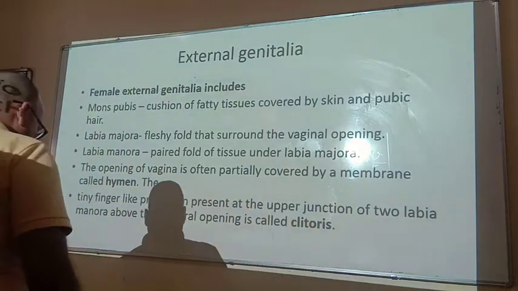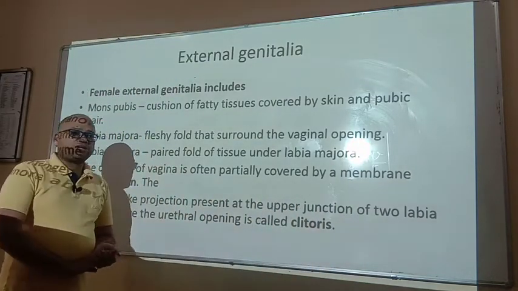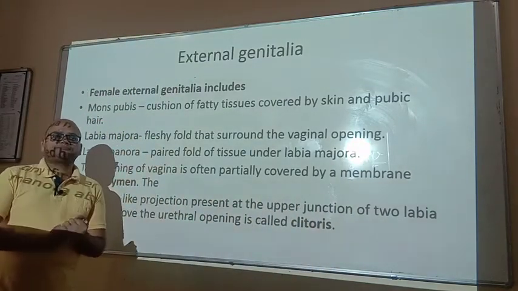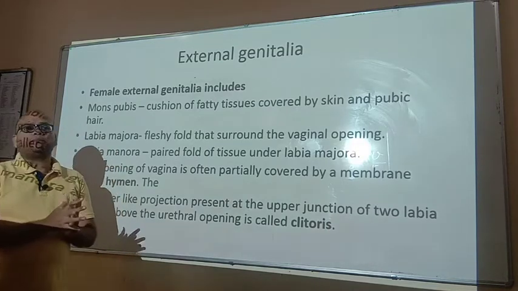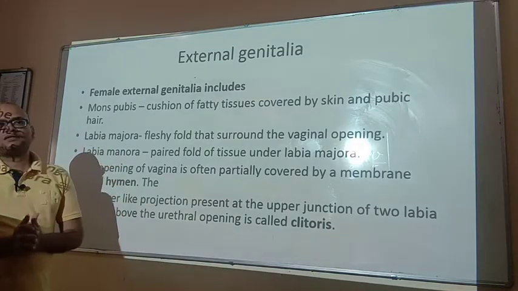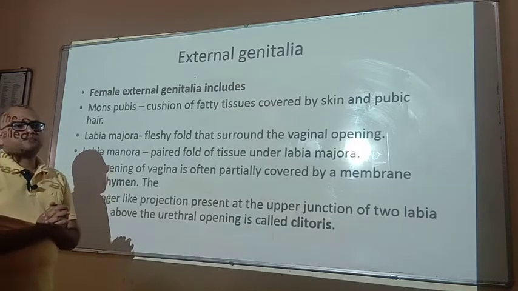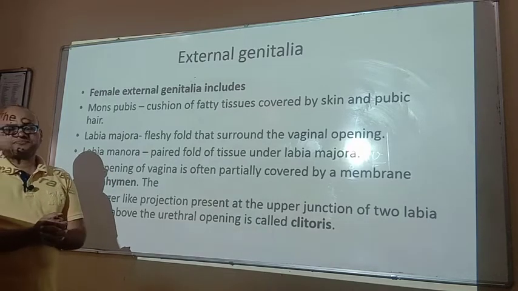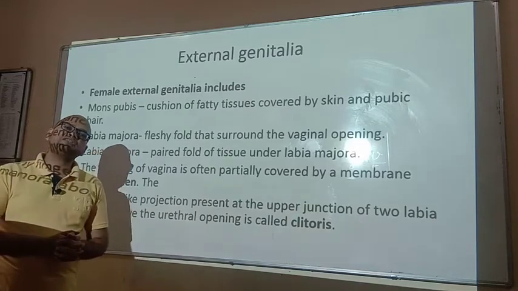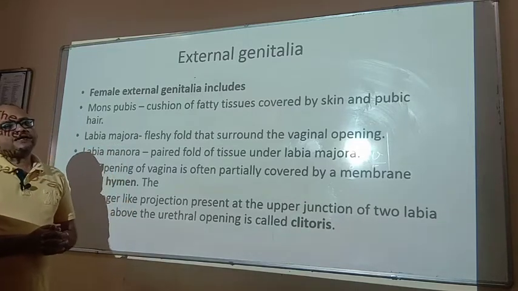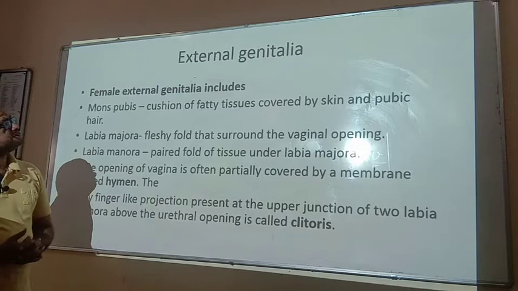Now we are going to start the external genitalia and the breast in the human. We will study the female external genitalia as well as the male external genitalia and breast in this session.